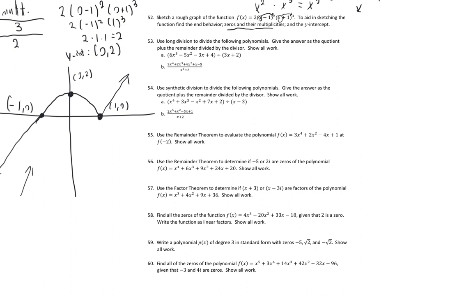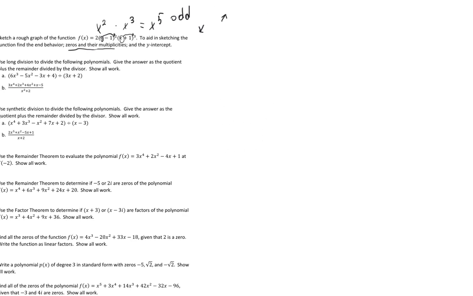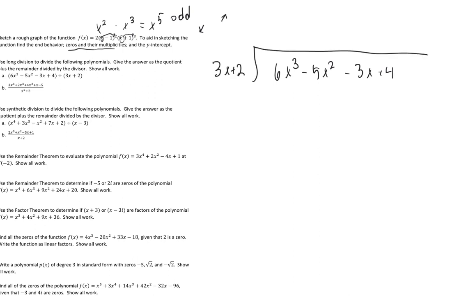Continuing on for number 53, we'd use long division to divide the following polynomials. Give our answer as a quotient plus the remainder divided by the divisor. So I'm going to move it over here. We have 6x cubed minus 5x squared minus 3x plus 4 divided by 3x plus 2.